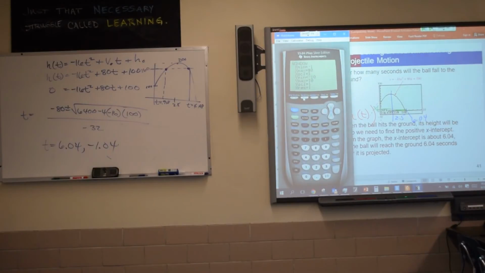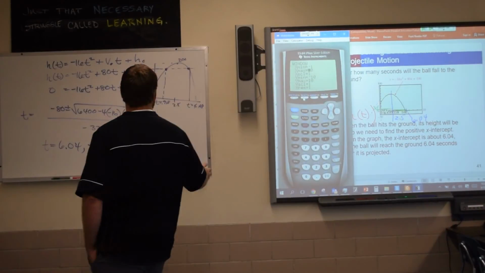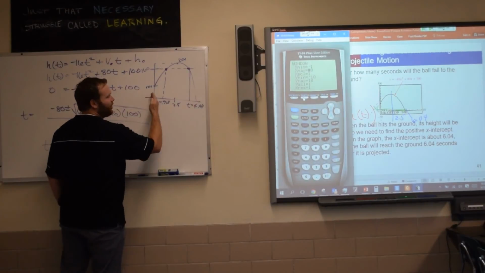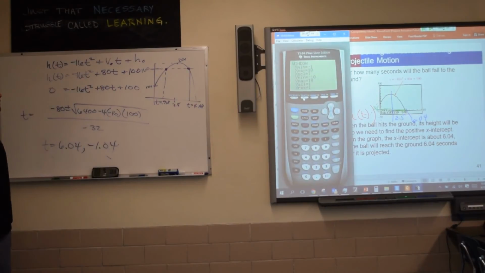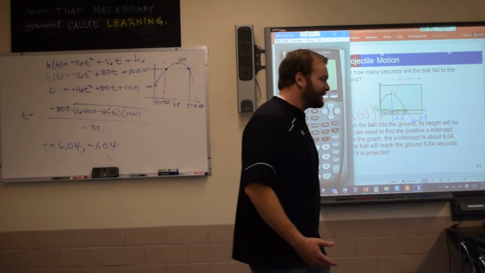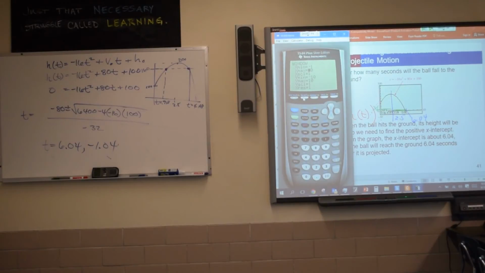Careful, I misspoke. What's the largest x value that we had? It was this one, right? 6.04? Okay. So let's make our x maximum a little bit bigger than that. I'm just going to go to 8.